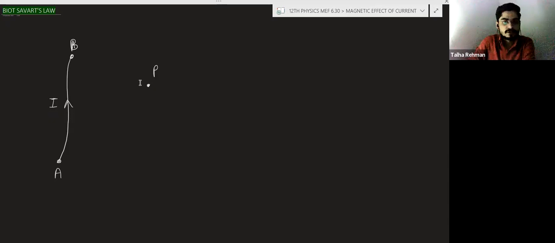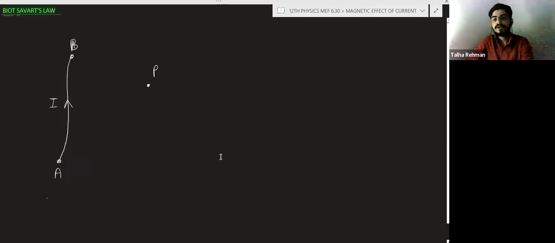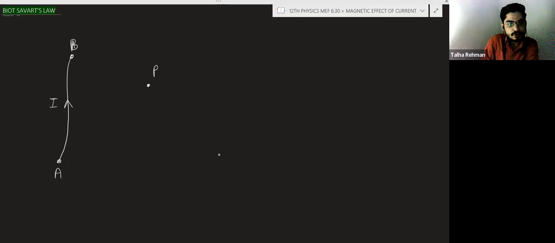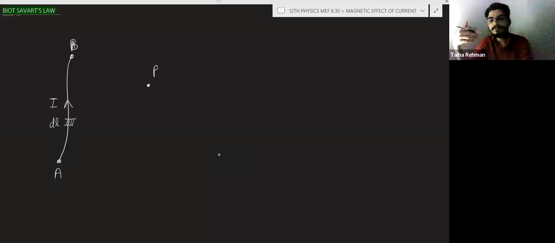If you want to calculate the magnetic field due to this whole wire, you cannot calculate it with the help of Biot law. You can only calculate the value of the magnetic field due to a very small element of the wire, dl. dl is a very small length of the wire.